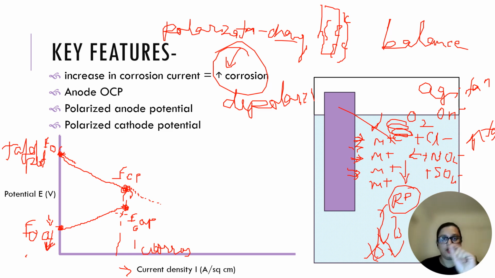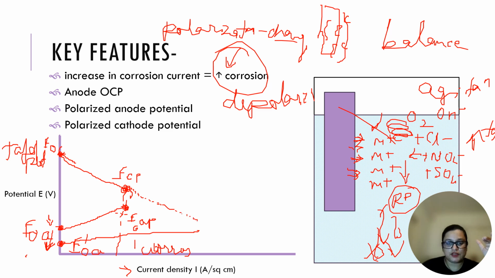When positive ions go into the medium, what is left on the pipeline? Electrons. So when there are more electrons, what will happen to the potential? It will become more negative. So this becomes the changed EOA.